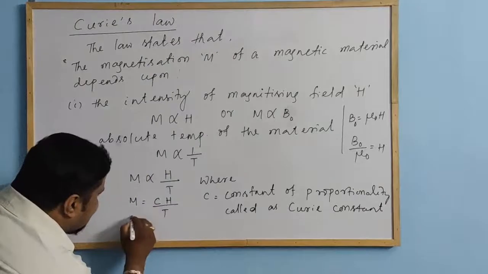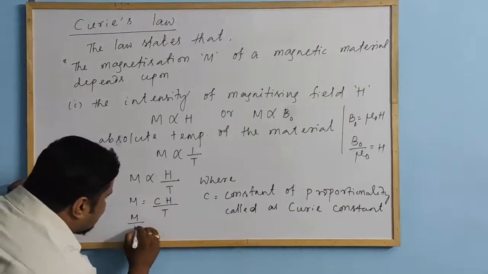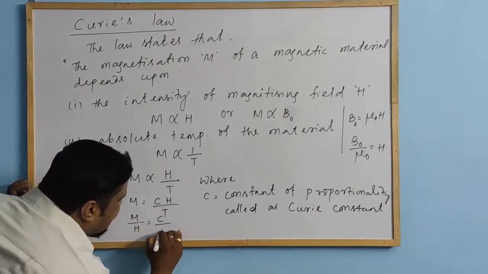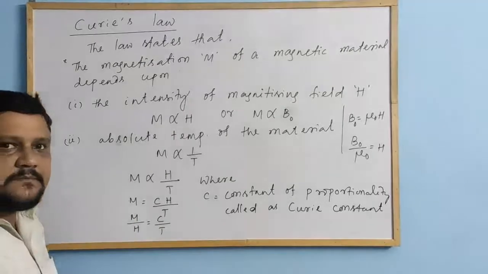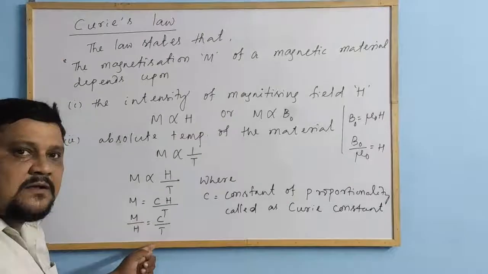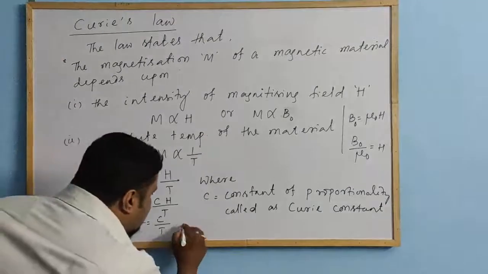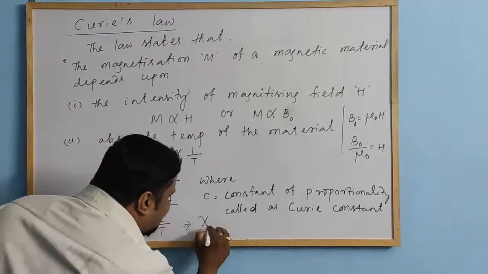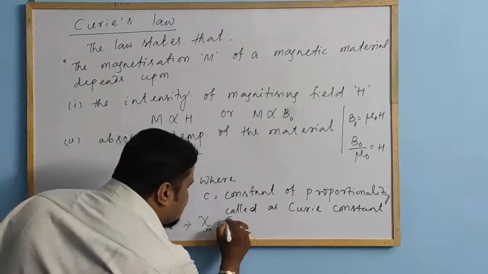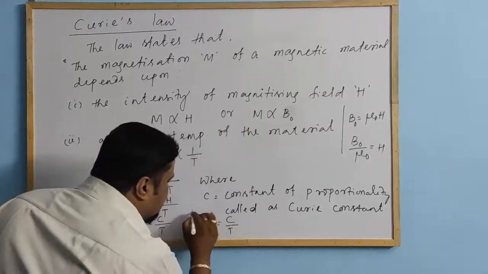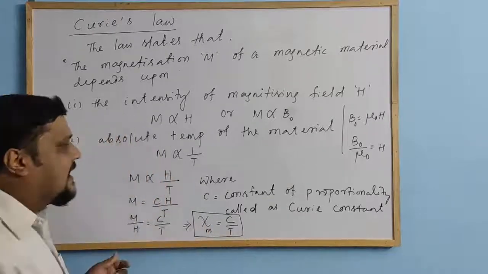So if you write this as M by H is equal to C by T. What is this M by H? This M by H is called susceptibility. So this implies magnetic susceptibility is equal to C by T. That is the required formula.